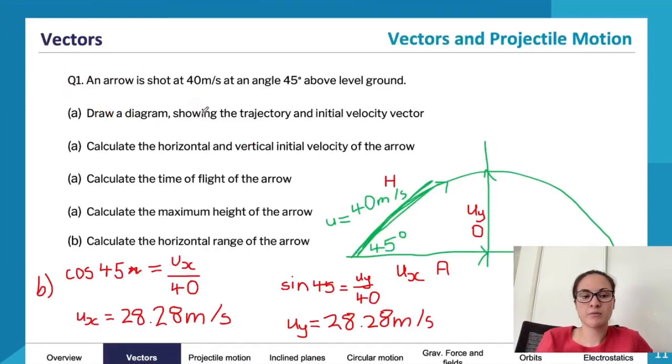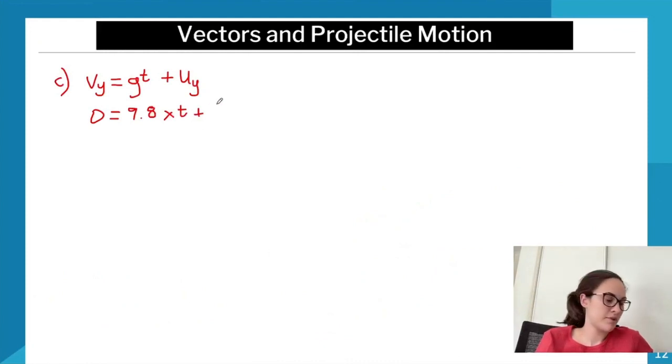Oh, and I just want to say as well, this is like an approximate value. I rounded that. So just make sure you get the curly equal signs. Plus Uy, which is 28.28.